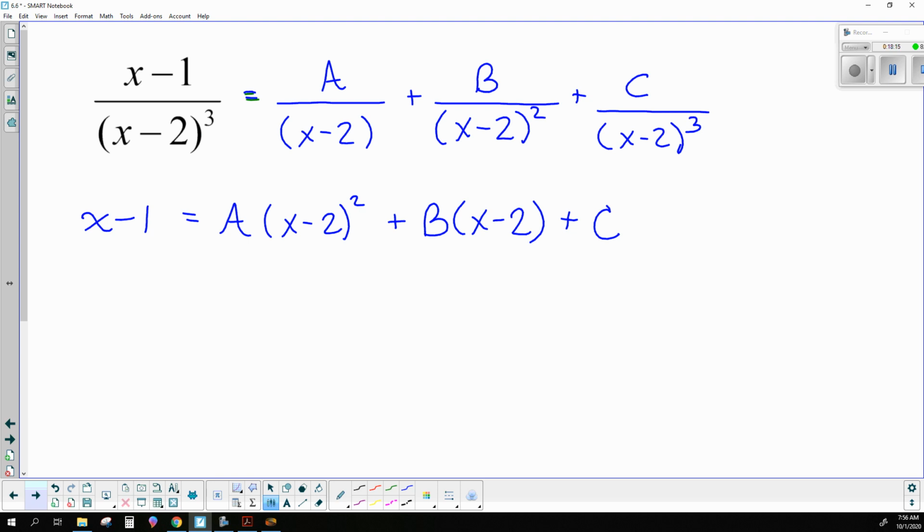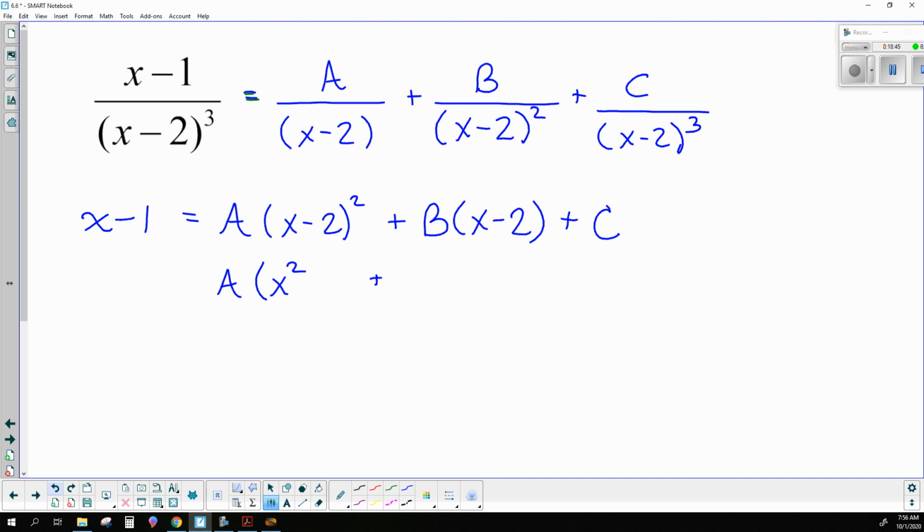So like anything else, we're going to expand this and combine like terms. Okay? So the a gets a little bit different because I have to square that quantity. And when I square that quantity, remember you square the first, you square the second, and in the middle, you double. So hang on.